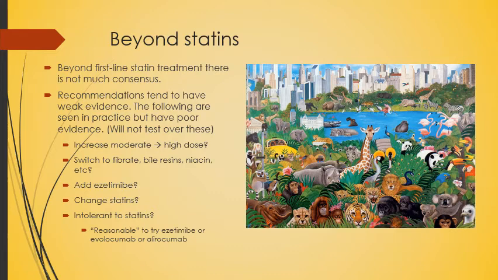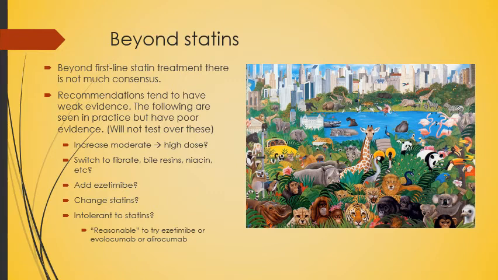Recommendations tend to have weak evidence, but you tend to see a lot of these different things in practice, like increasing a moderate dose to a high dose. It seems like that would make sense, but a lot of studies show that no, you don't really get that much increase. If patients aren't responding to the moderate dose, they're probably not going to respond that much to the higher dose, and you're just increasing their risk for liver damage and myopathy.